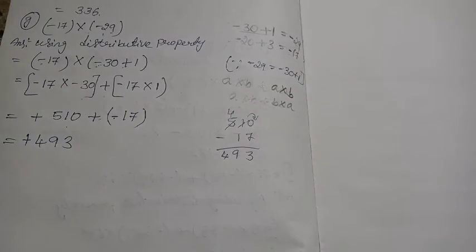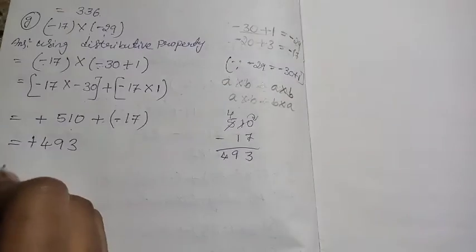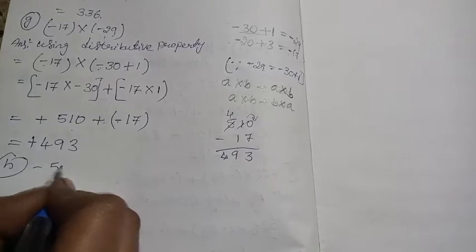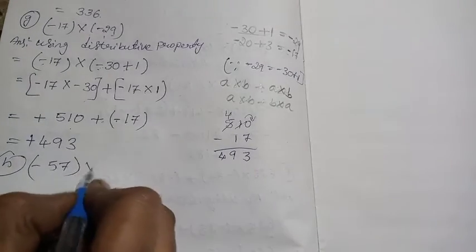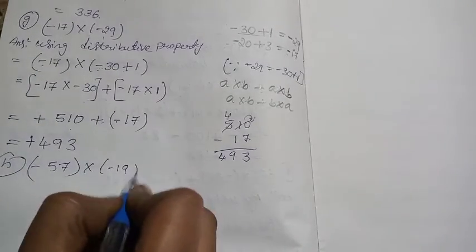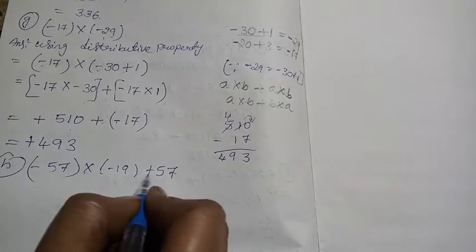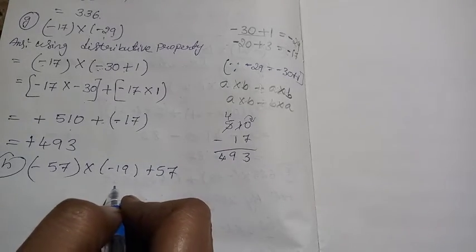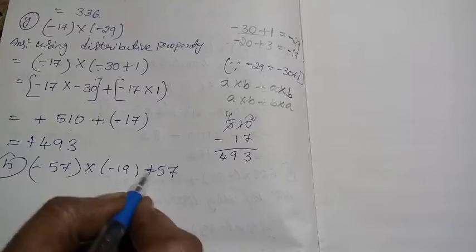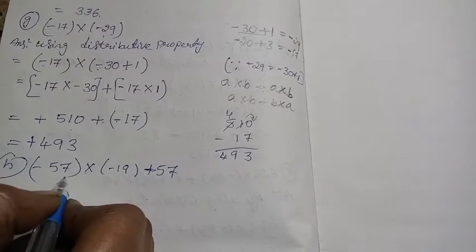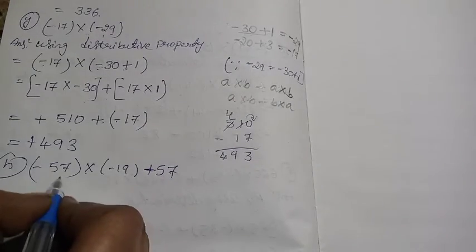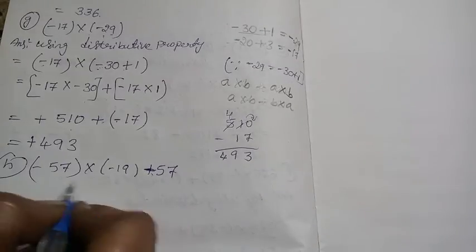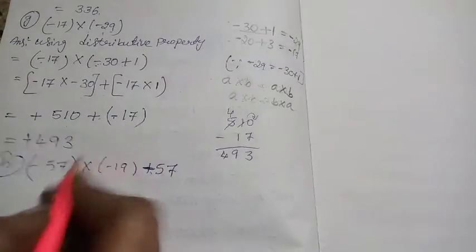Okay, next one, last one in this H1 question is minus 57 into minus 19 plus 57 is given. So now which property are you going to use for this? See here, plus 57 is there, these two into is given. You can split it directly, 57 into 57 is there, both here same.